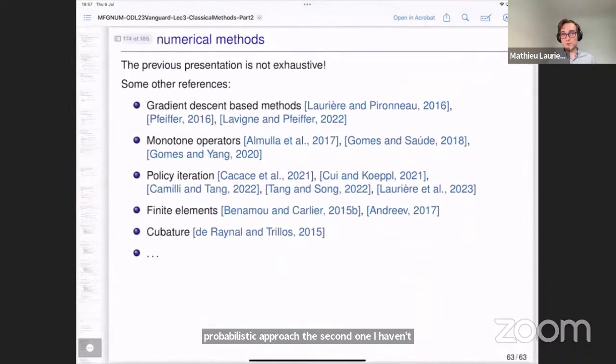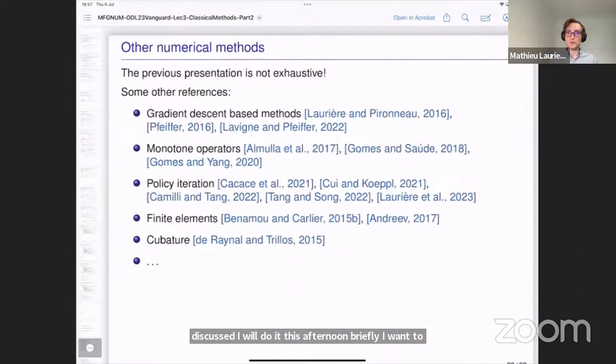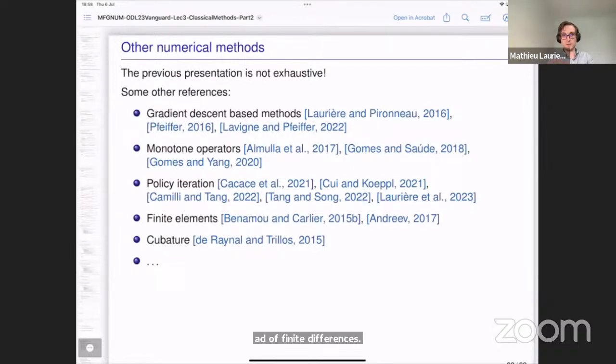I want to mention that there are other methods, for example, gradient descent-based methods, monotone operators, in particular by Diogo Gomes and collaborators, policy iteration, recently by Cacace and Fabio Camilli and co-authors, including Tong, who is a collaborator, and finite elements instead of finite differences, cubature methods, and so on and so on.